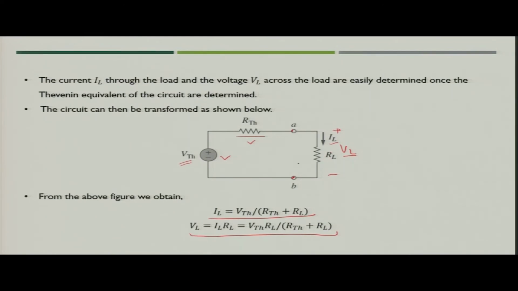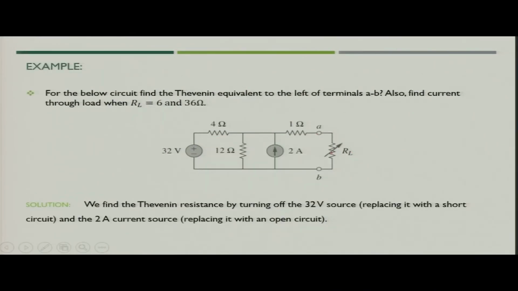So, you need not rearrange the circuit, or reprocess the complete information again and again. You just simply change the load and find the updated value. In this way, it is very handy to process multiple cases connected to two terminals. Now, let us understand this particular aspect with the help of one example.